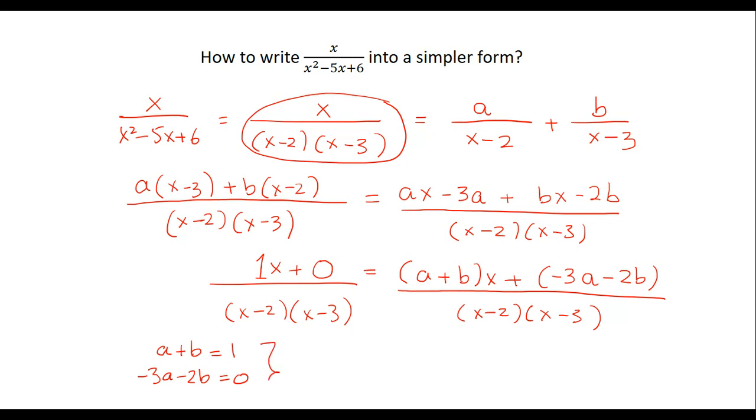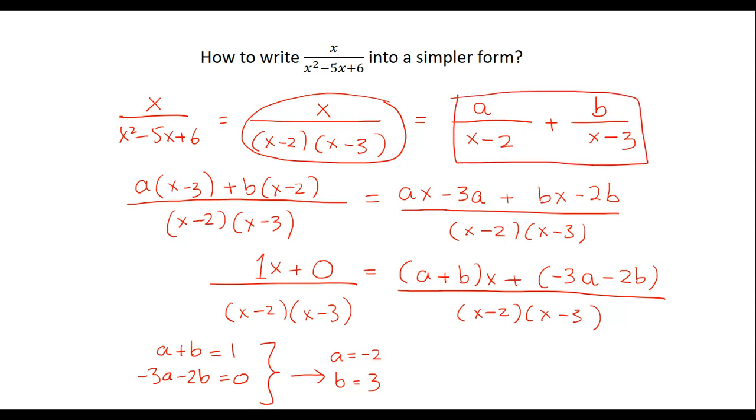And then this is just solving your simultaneous equations, and I know you can do this. Once you solve the simultaneous equations, you know your a is minus 2, and your b is 3. Based on your equation, you can go back to your original fraction over here.